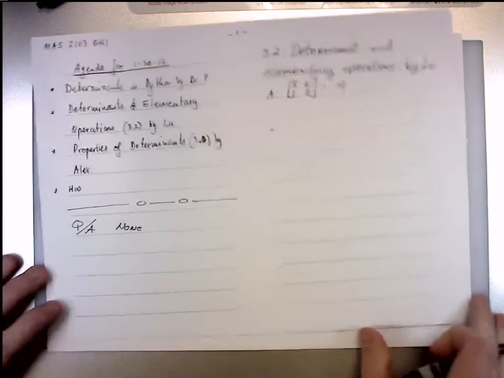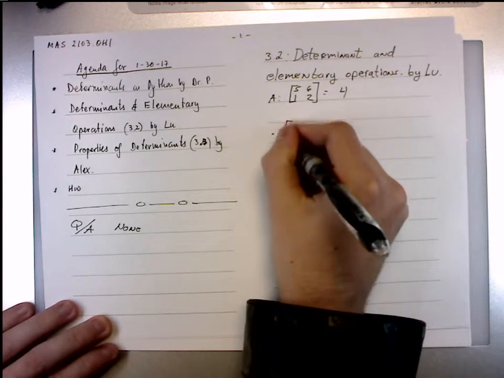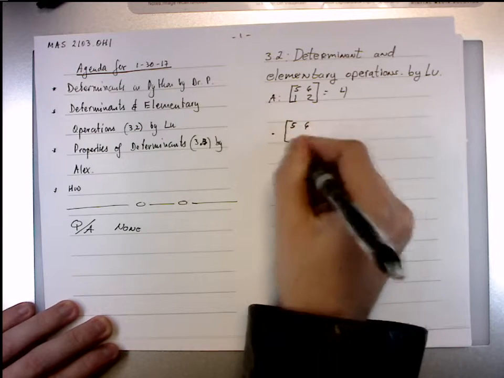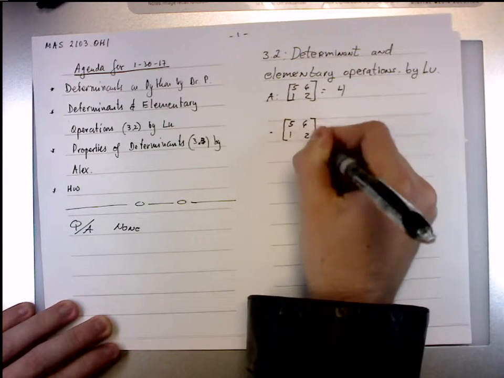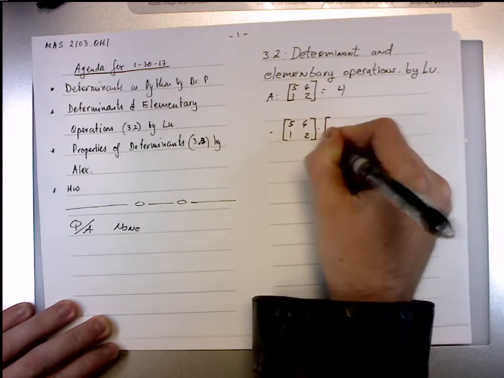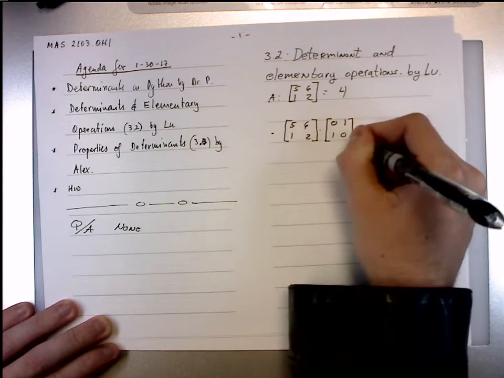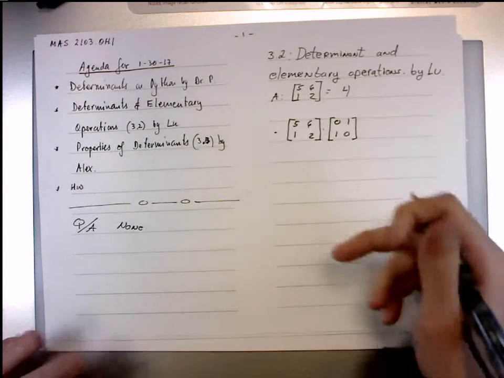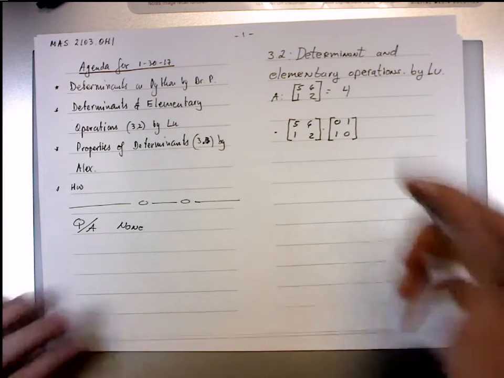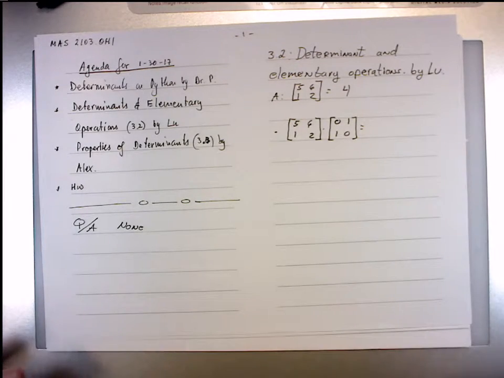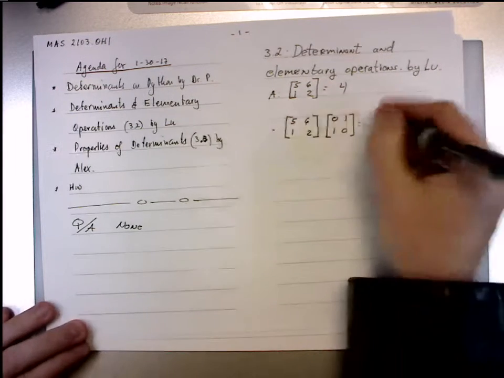The first example: let's grab the matrix and multiply by the elementary matrix 0, 1, 1, 0. I'm just changing rows, so we're going to flip the rows.